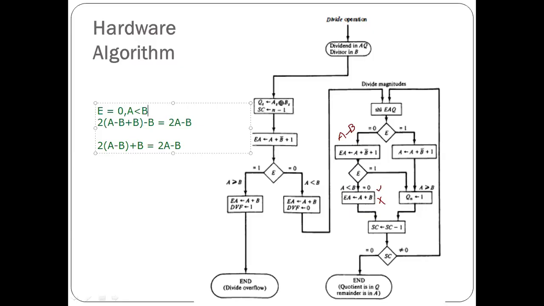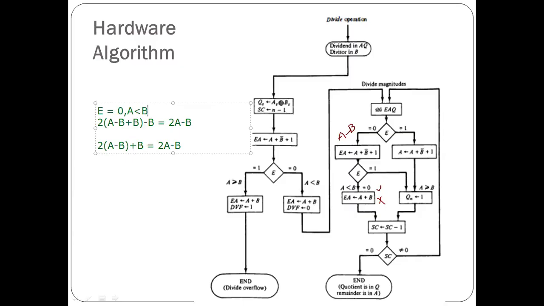If A is greater than B, there is no case of restoring the division. The normal process goes on. If A is greater than B, the previous subtraction is correct, and there is no point of restoring or non-restoring division. We continue with subtraction as usual.